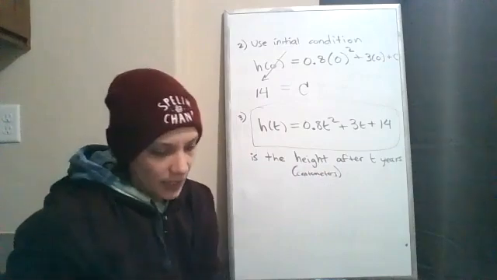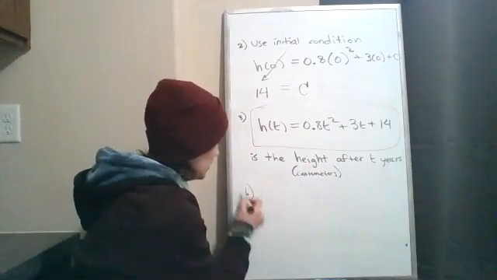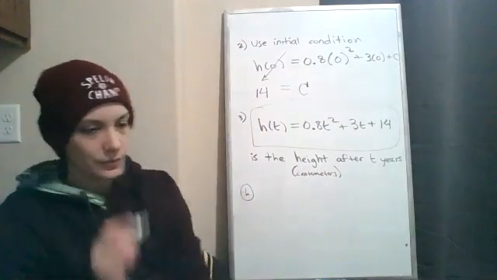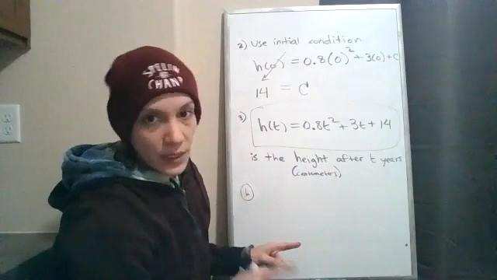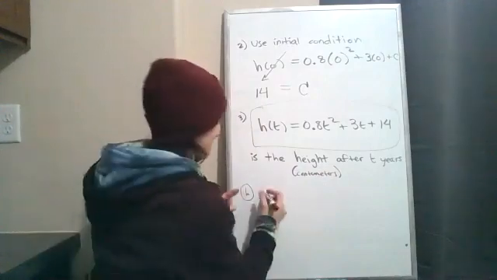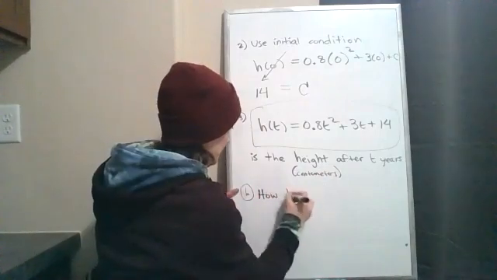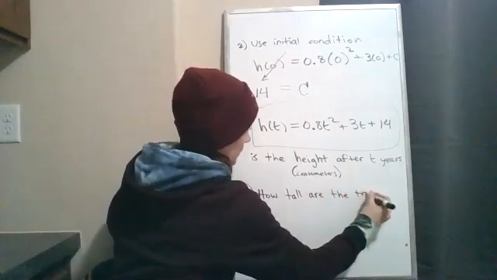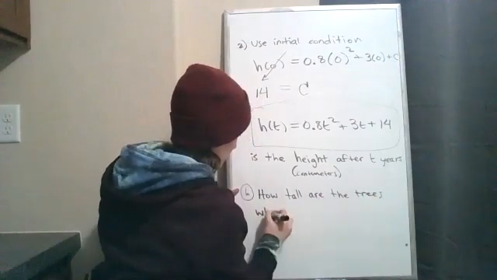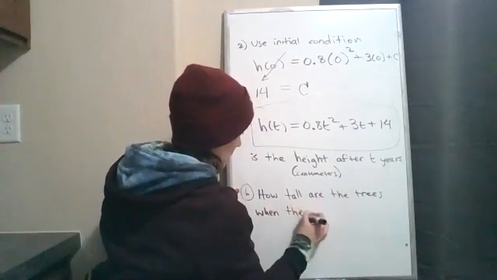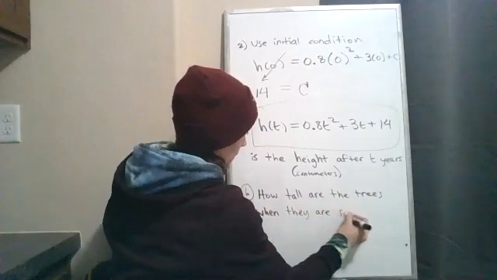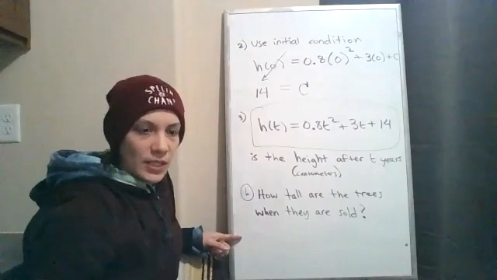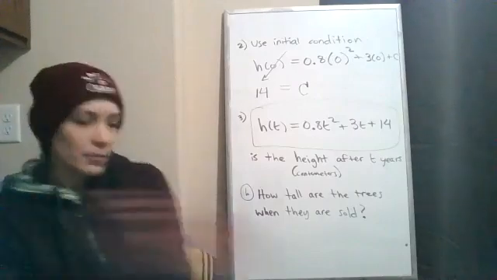Okay, let's find part B. How tall are the trees when they are sold? In the problem, you're told that they sell a tree after a certain number of years.